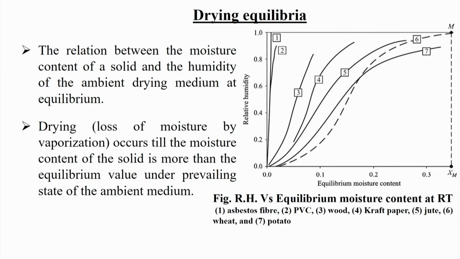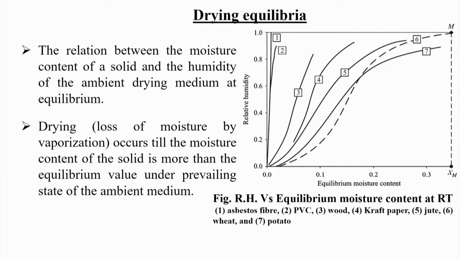Now, another important term we need to understand is drying equilibria. This is nothing but the equilibrium relationship between the moisture content of the solid and the humidity of the ambient drying medium.